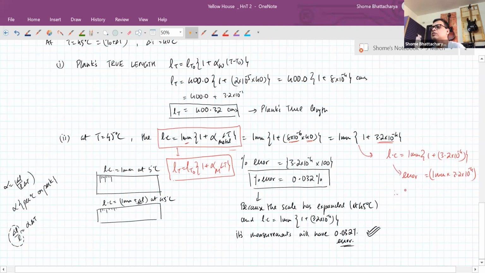So the percentage error has become the error divided by the value into 100. We can find the value, but it's not necessary because I just want to find the percentage error. So that is this.